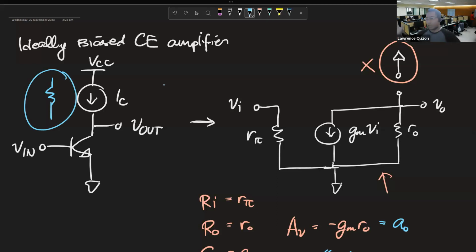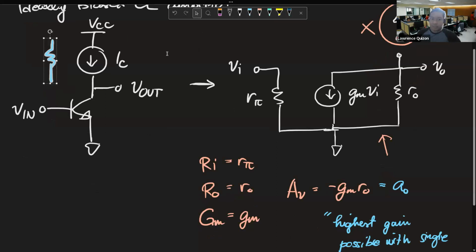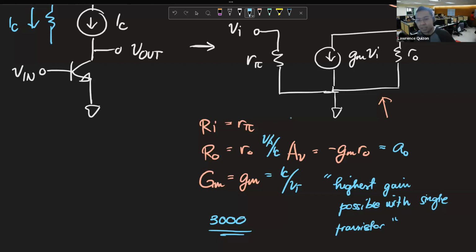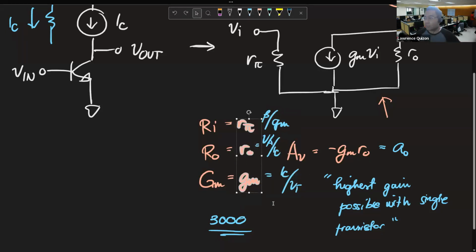For comparison's sake, yes. No? So, if it's the same IC as if it was the resistor, no? Then this gm, r_out and r_π will be the same as the one that we had before, right? Because it's the same IC. Remember, these all only depend on IC. This is IC over VT, this is VA over IC, and this is beta over gm. They only depend on IC. So if the IC is the same, they have the same gm, r_out and r_π.